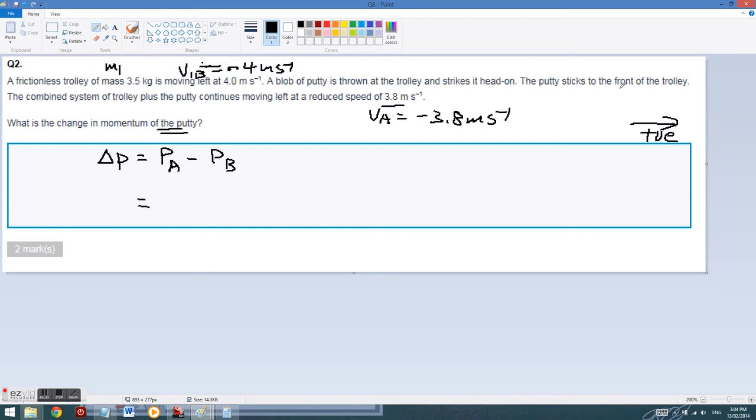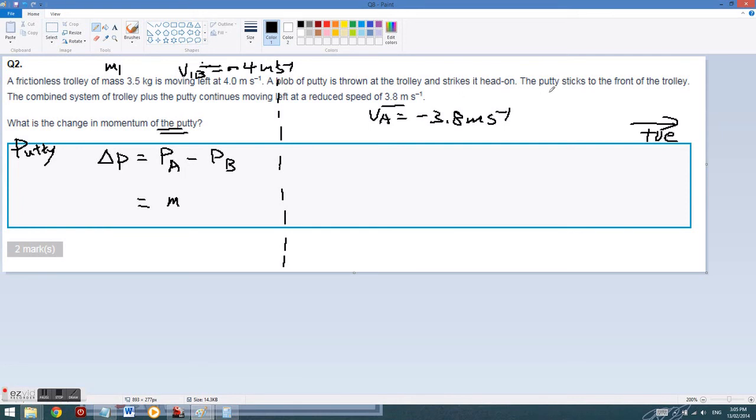Now we need to find, step 1, the mass of the putty first. This is a trick question, because I have no idea what the mass of the putty is. However, we should be able to find it. This part is the putty.